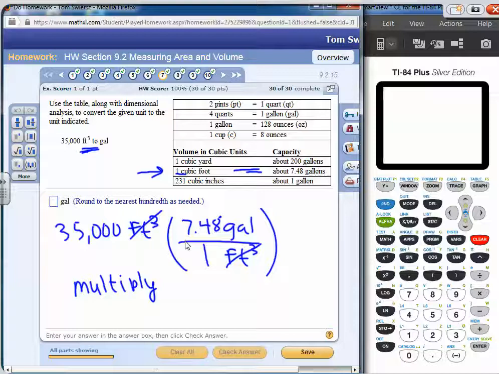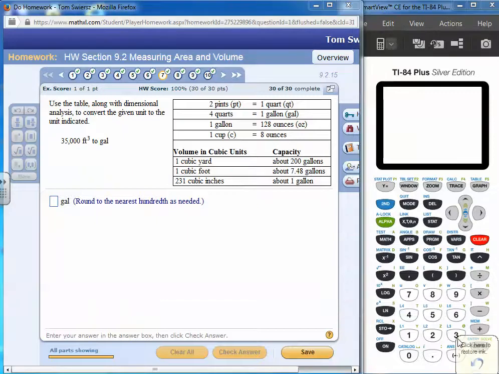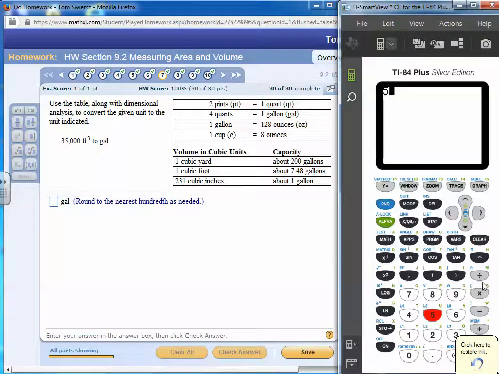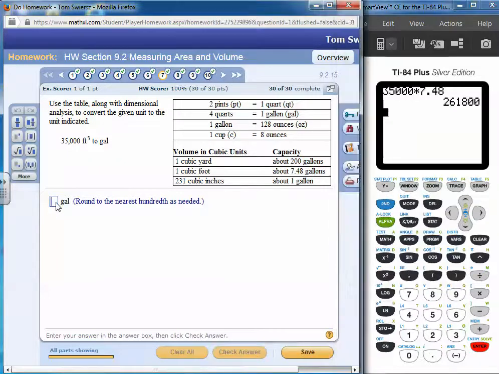Okay, so setting it up, both numbers in the numerator, the number that isn't 1, so we're going to multiply 35,000 times 7.48, and we get 261,800.